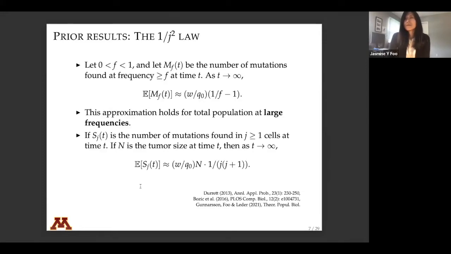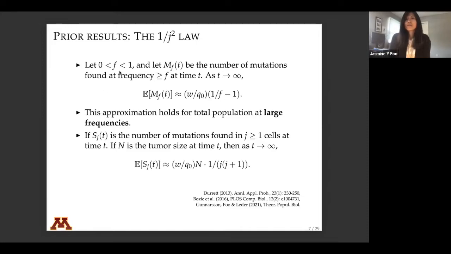In terms of prior results, in the context of expanding tumor populations, there has been some prior work on understanding the shape of the site frequency spectrum under this neutral evolution model. In particular, there have been some approximations derived by considering only the skeleton of the process, which is the process where you consider only the individuals that have an infinite line of descent.